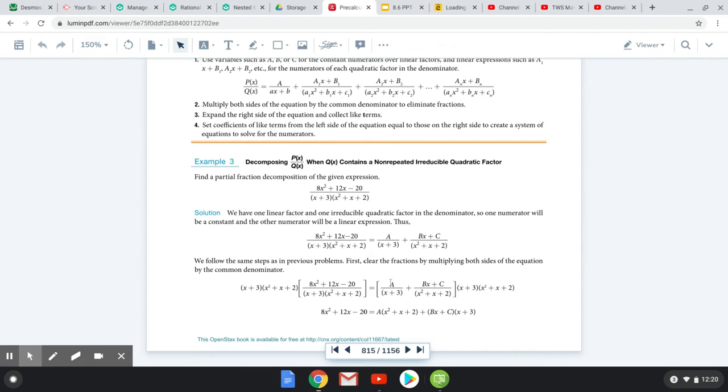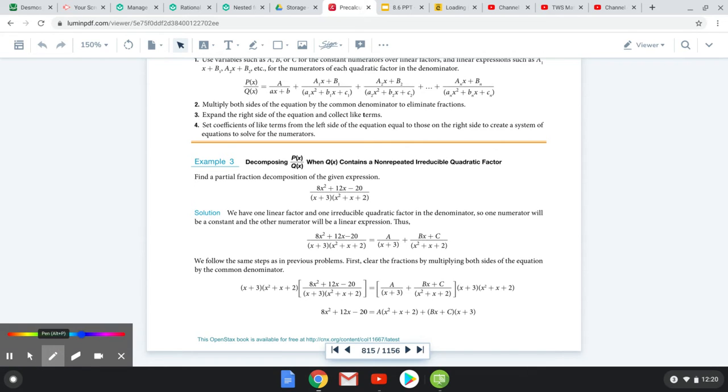We multiply this by the original denominator, then the x plus 3 cancels. We end up with a times our quadratic. And then for this one, we multiply, the quadratics are going to cancel. We end up with bx plus c times x plus 3. So here we're going to have to FOIL, and then as usual, we're going to have to distribute here. So that's our next step.